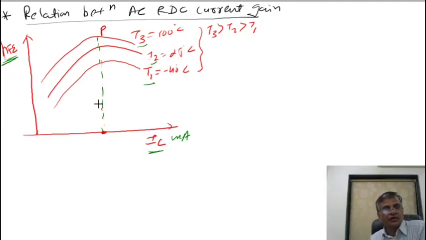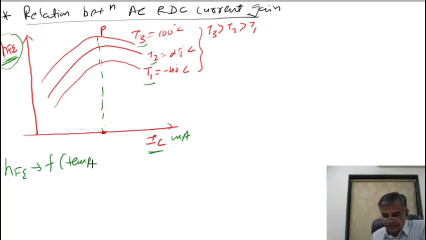Most important conclusion for 1 mark questions: DC current gain depends upon temperature and collector current. You can see the graph: as collector current varies, this varies, and at different temperatures hFE is also different. So DC current gain depends upon the temperature of the transistor and the collector current passing through the transistor.